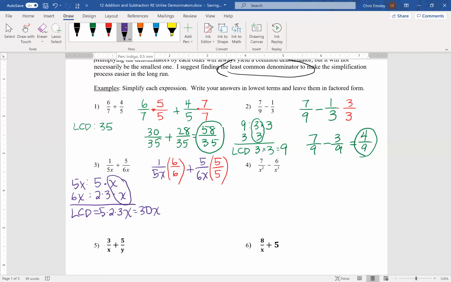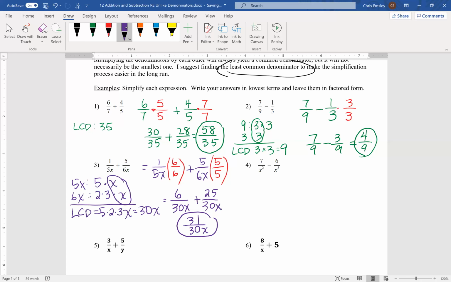So this first fraction, 1 times 6 is 6, 5x times 6 is 30x. The second one, 5 times 5 is 25, and 6x times 5 is 30x. Now that we have those common denominators, we can just add the tops. 6 plus 25 is 31. And we keep that common denominator. There is our answer for number 3.